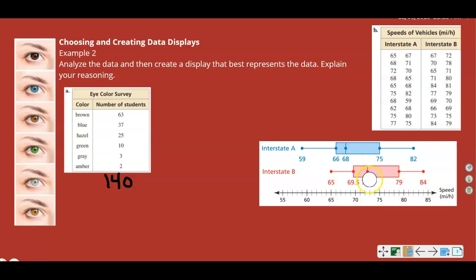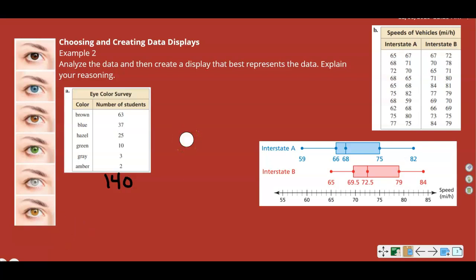The median is in the middle, and then you've got Q1 and Q3 that fills out the box there. But for this set of data, I think this represents that data well. You can see the difference in the medians here. You can see the difference in the range, the highest number to the lowest number, and different parts of that data.